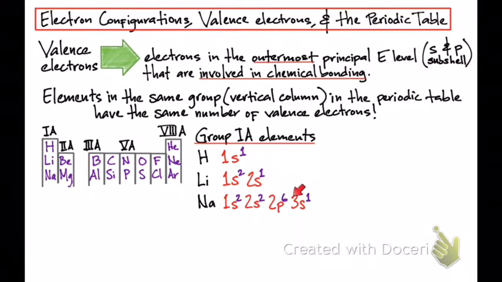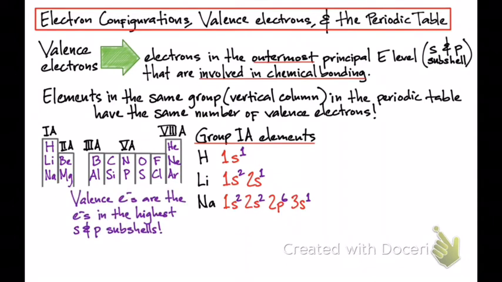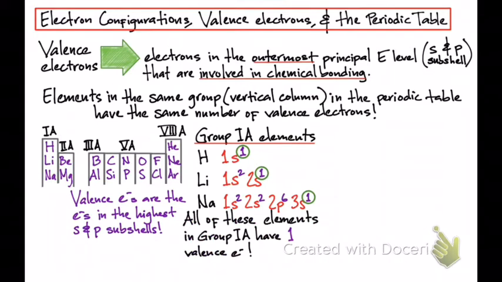We know that 3s is higher in energy because it's principal energy level 3, or main energy level 3, versus energy level 2. So you always go with the highest s and p sublevels. As a reminder, the valence electrons are the electrons in the highest s and p subshells or sublevels. So all of the elements in group 1 have one valence electron.